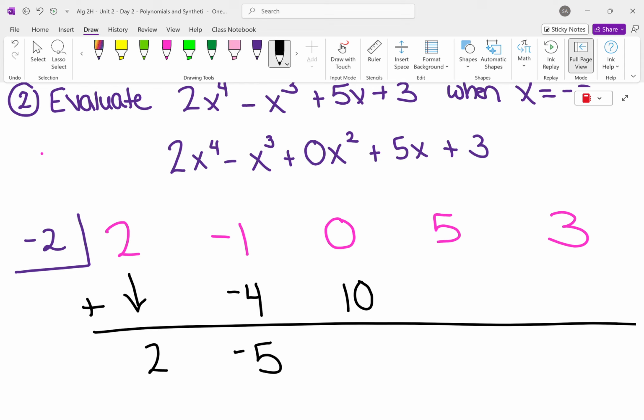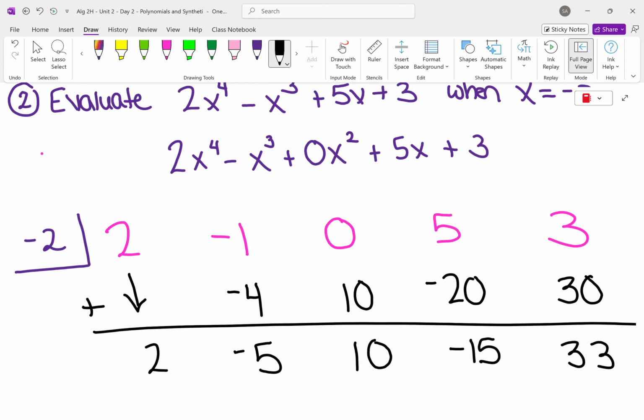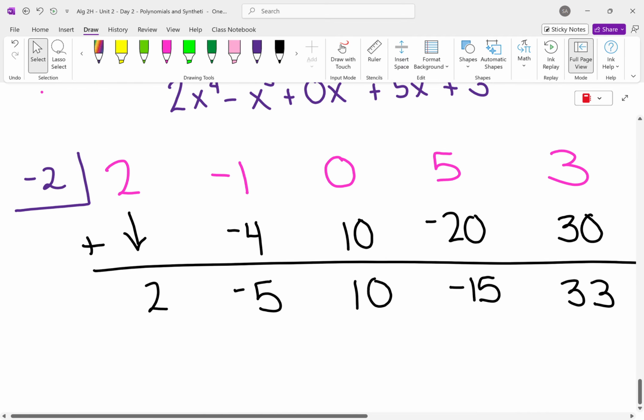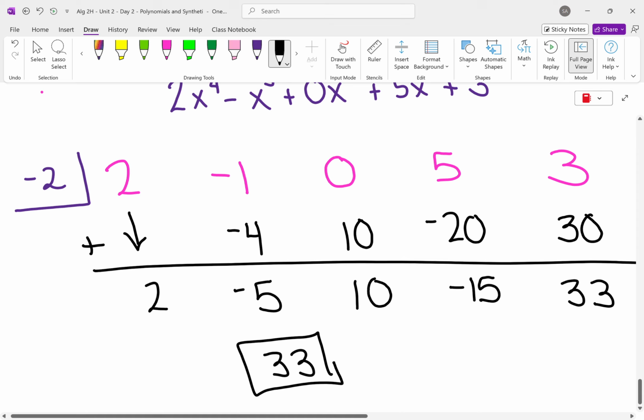Now we're going to repeat this process again. Negative 5 times a negative 2 is a positive 10. 0 plus 10 is 10. 10 times a negative 2 is a negative 20. 5 plus a negative 20 is a negative 15. Negative 15 times a negative 2 is a positive 30. 30 plus 3 is 33.